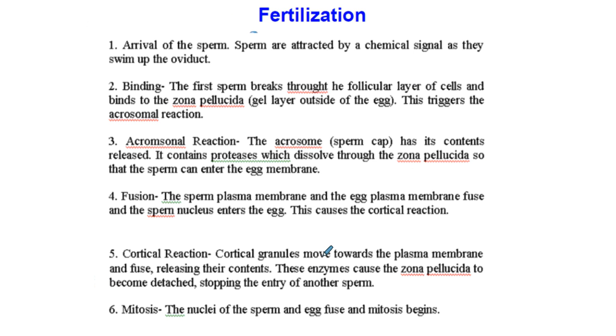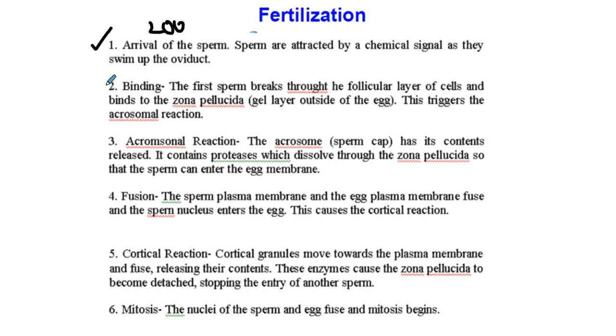Okay, let's look at the steps of fertilization. So first of all, we've got the arrival of sperm. And like I said, probably about 200 sperm arrive there. And they're attracted by a chemical signal that the egg lets out. And they swim up the oviduct. By the way, oviduct is another word for fallopian tube.